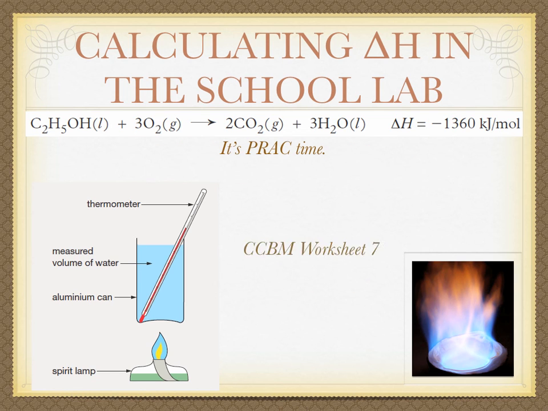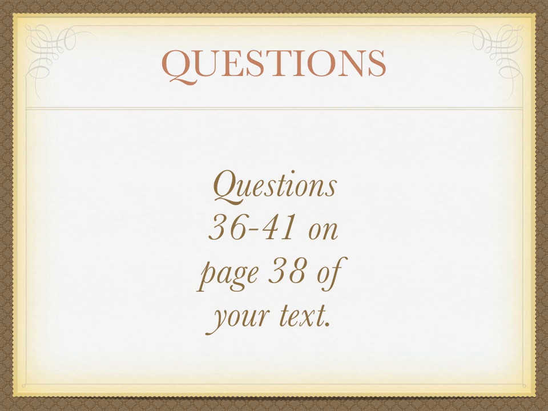When you do your pracs, you'll find that you can do worksheet 7, and you can now also complete worksheet 6 from Conquering Chemistry Blackline Masters. The questions on page 38 of your text are very helpful at this point. Work through all that now, check your Blackline Master worksheet answers on Moodle, and make sure you're up to speed with ethanol as a solvent and as a fuel source, and that you can make sense of molar heats of combustion.